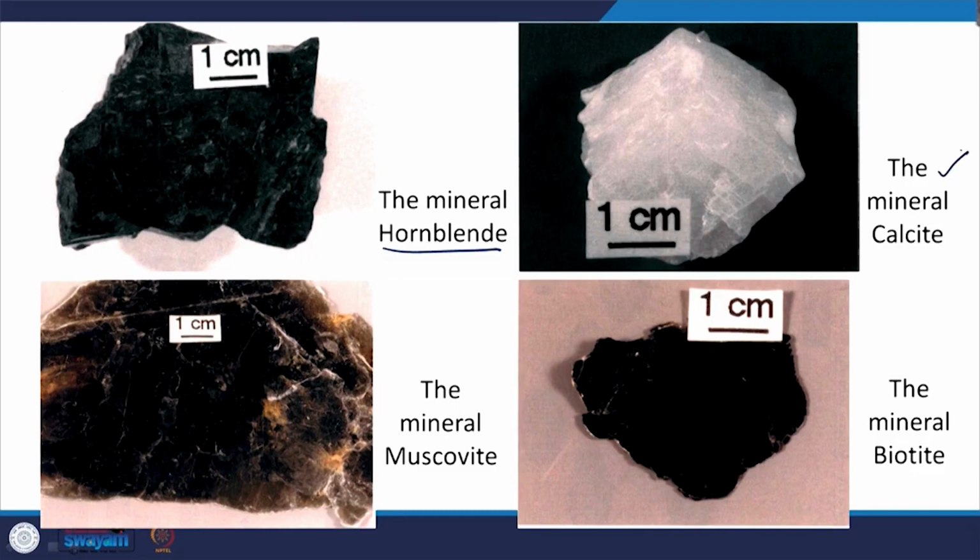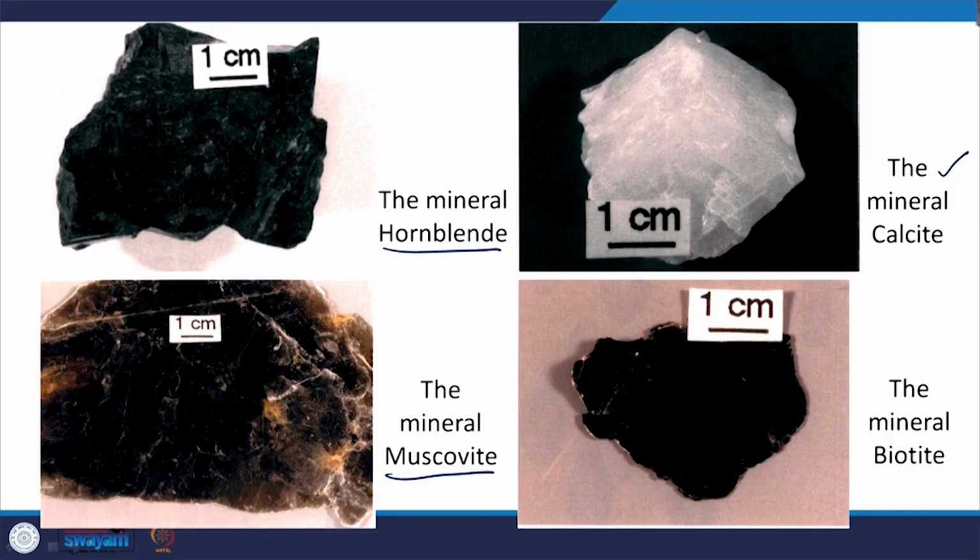It can be scratched by a knife and it has vigorous hydrochloric acid reactivity. So keep that in mind. The moment you have such reactivity with respect to HCl, then immediately we can identify that the mineral may be calcite. The next one is muscovite.